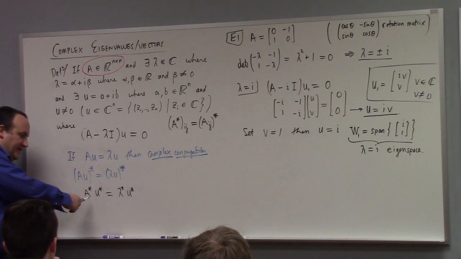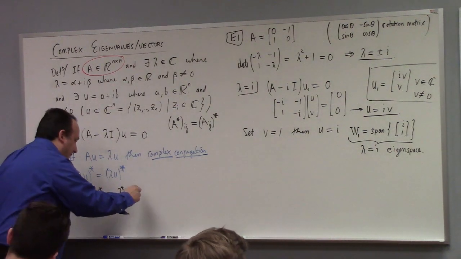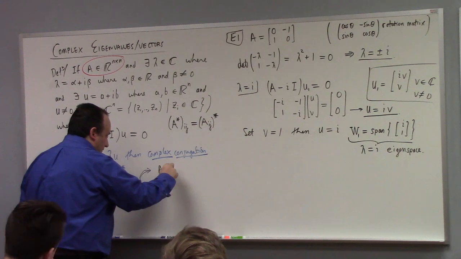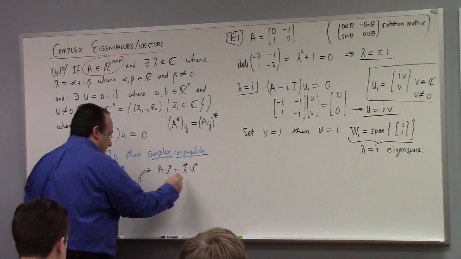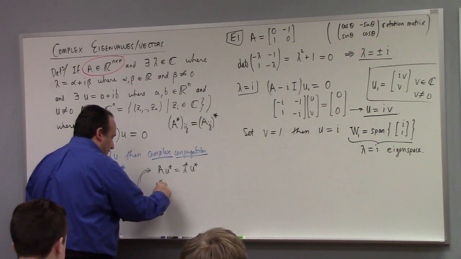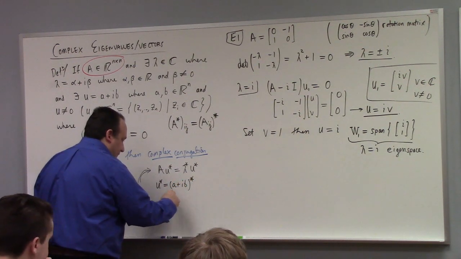So if A is a real matrix, what do we have? A again, right? Because every number just conjugates to itself. So we get A u star is equal to lambda star u star. What's that say? That says, aha, u star, which is a plus ib complex conjugate, which is what?